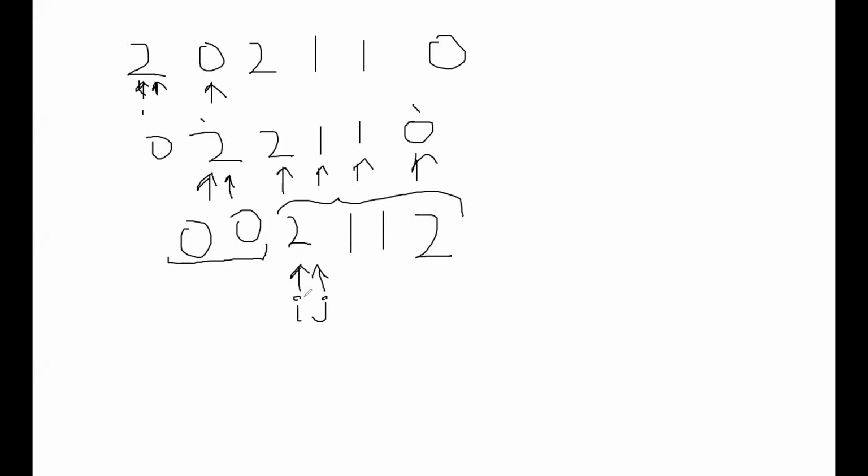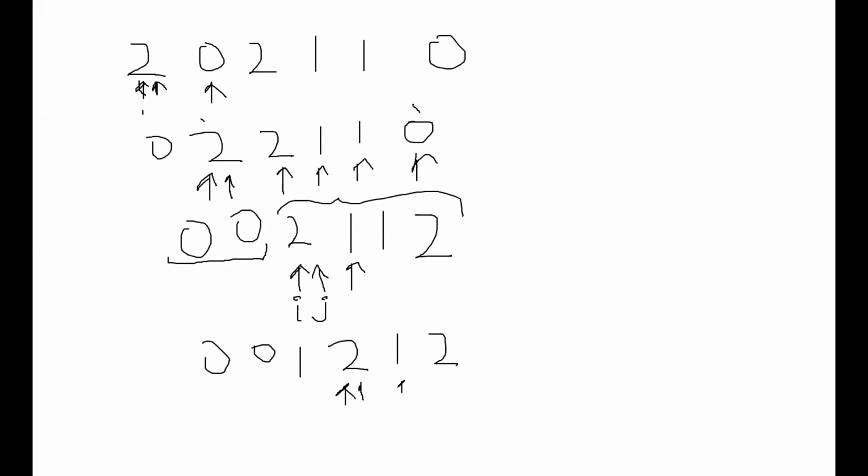So in this case, when we move j, we find a 1, so we swap: 0, 0, 1, 2, 1, 2. We move i, and j is already here.